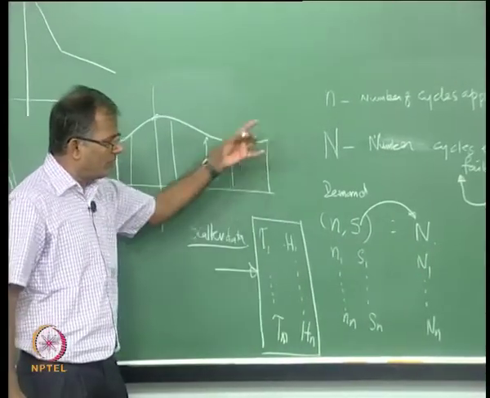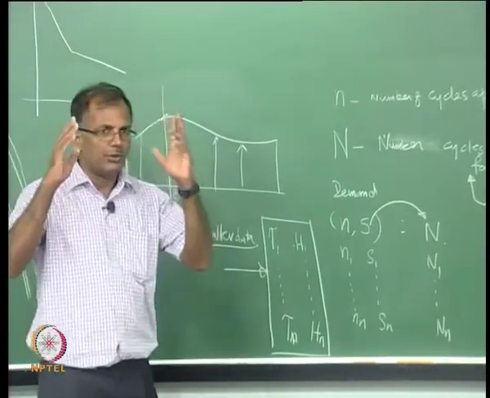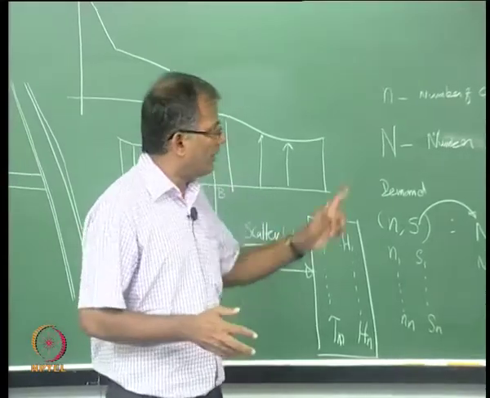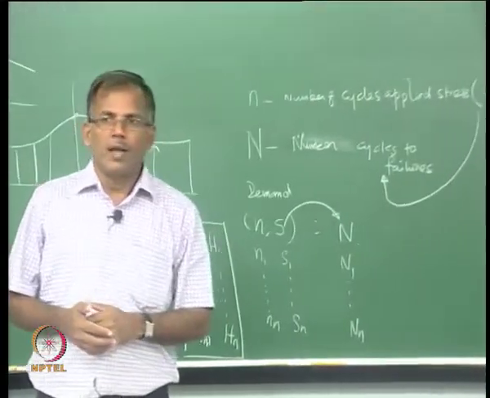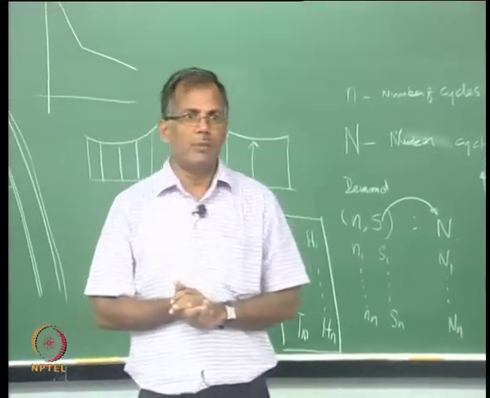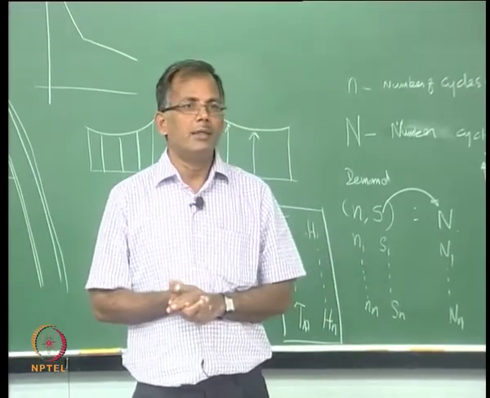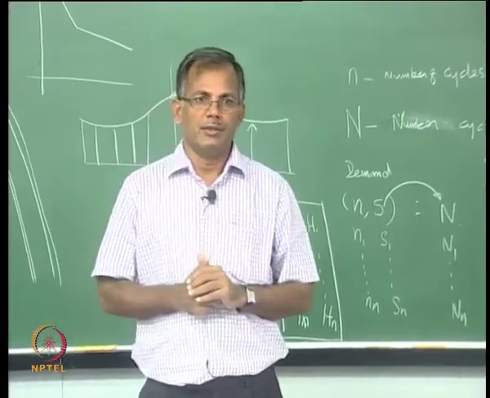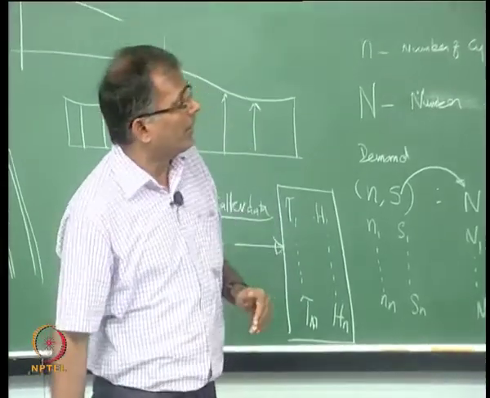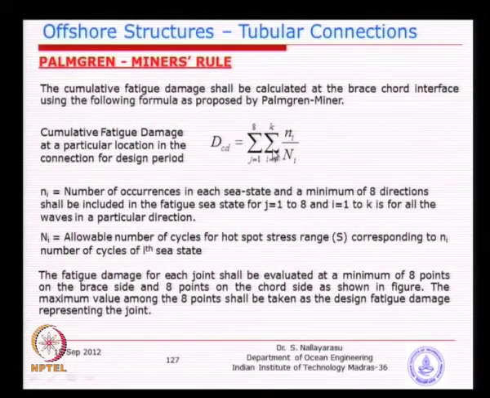So, once you have this information, now we can just sit back and see what exactly is going to happen. Every time a particular stress value is applied on the structural joint, damage is done. The damage is hypothetically given as the ratio of number of cycles applied to number of cycles that the joint may fail.